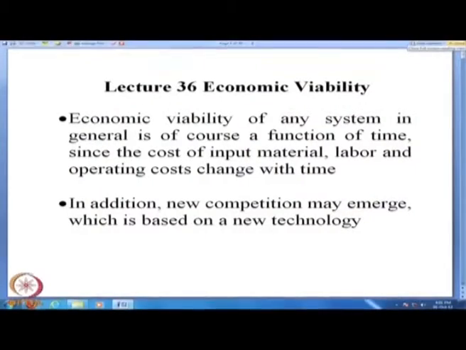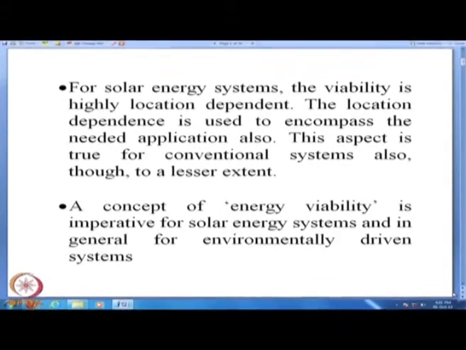And then new competition may emerge, which is based on a new technology. This is one thing that one has to look into. For example, even if we take a decision today, solar thermal versus solar photovoltaic, with mass scale production, if the photovoltaic cells are going to become cheaper, you may go to producing electricity with solar photovoltaics even to heat water.